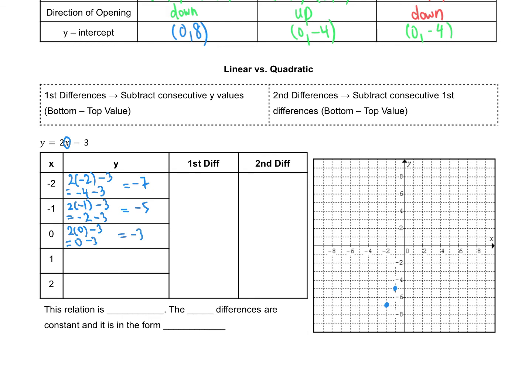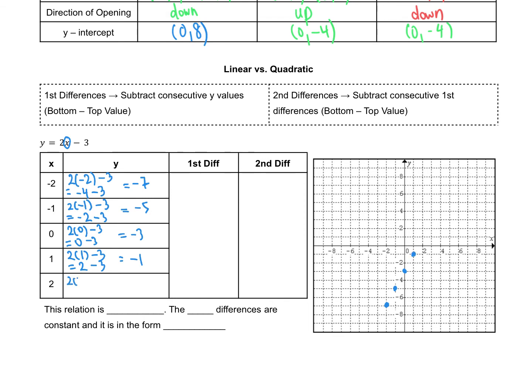So at 0, we're at -3. Next, we have 2 times 1, subtract 3. So 2 times 1 is 2. Subtract 3 is -1. So at 1, we're at -1.